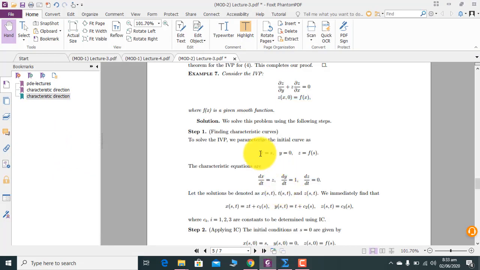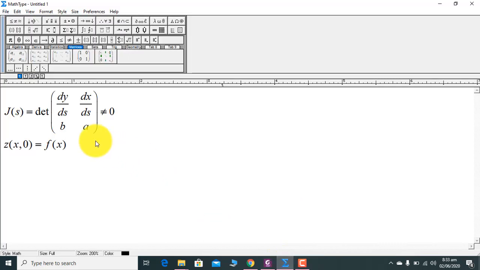Now how can you parameterize? You can parameterize by using some parameter. Look, if you take x equal to s, you have to use the parameter s, not t, not w, not r, not p. We have fixed the parameter, which is s, for the initial curve. So now if x is the parameter s, then what will y be? Y is identically 0, so there will be no effect on y, because we have taken y equal to 0. Y is always 0. What will be the effect on z?